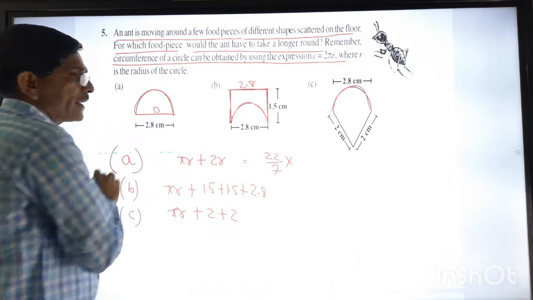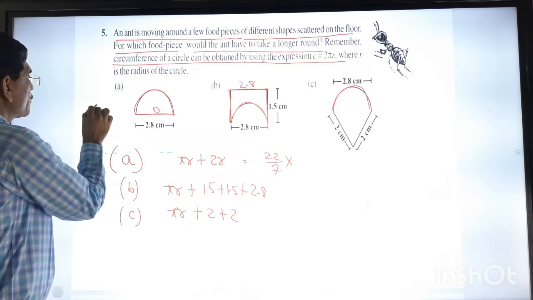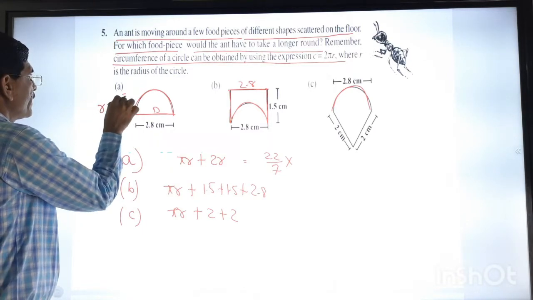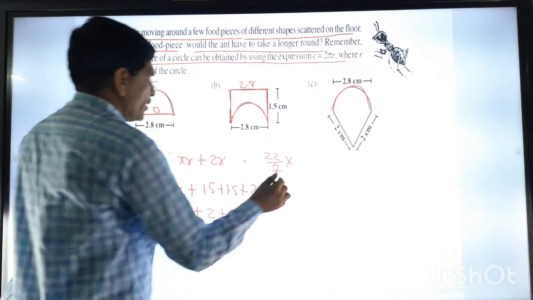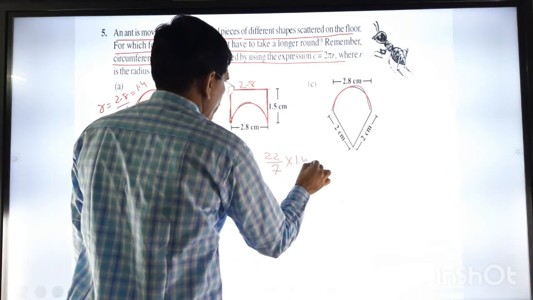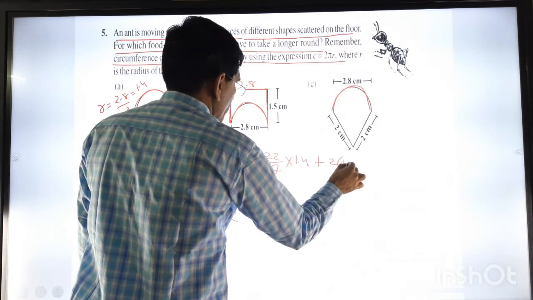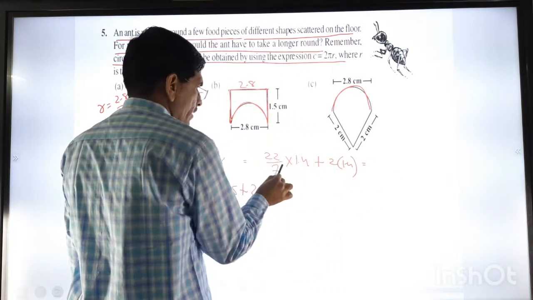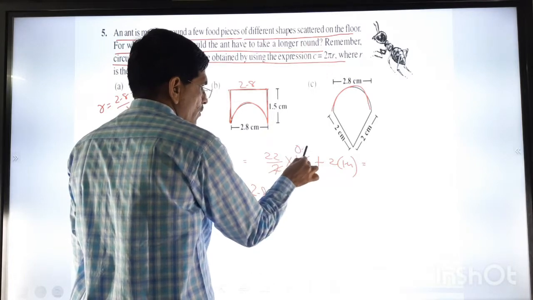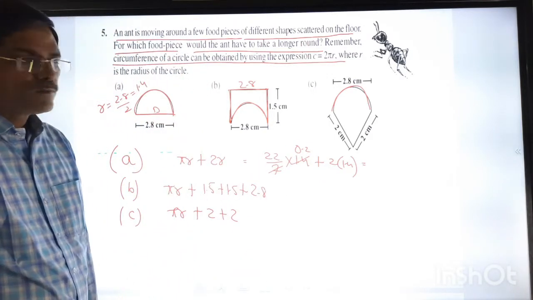Here it is 2.8, that is the diameter. So radius is equal to 2.8 divided by 2, that is 1.4. So I have to write 1.4 plus 2 into 1.4.